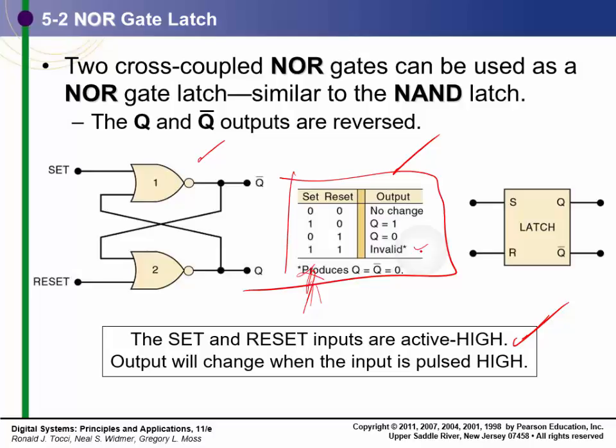But again, this is active high. It operates the same way, but this is looking for a pulse here to set Q high. A pulse here will set Q naught high. So set and reset are active high, and the output will change when a pulse goes high.